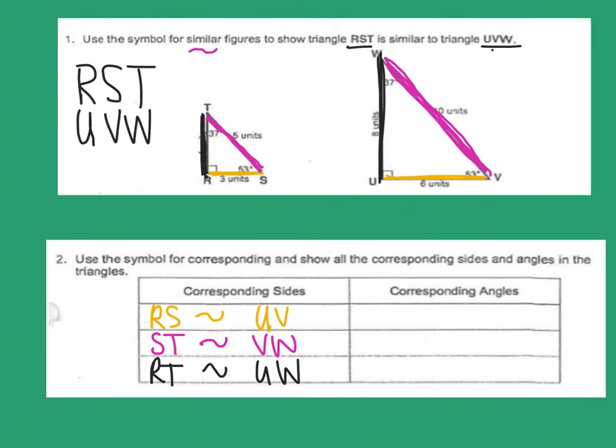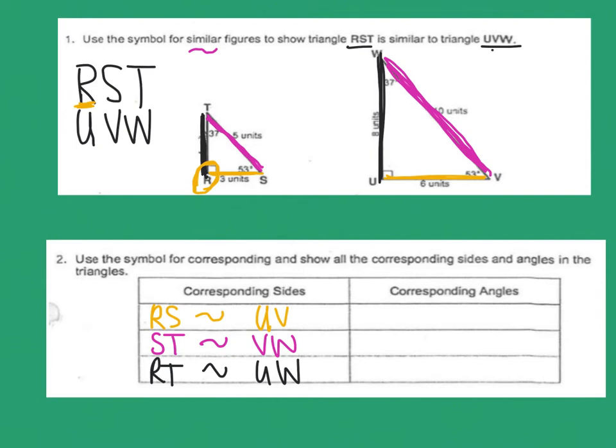Okay, now my last thing, which we didn't talk about in the other slide, was corresponding angles. These are going to be equal. They're going to be the same size. So if we go back and take a look, R right here has the right angle. It's the first letter.